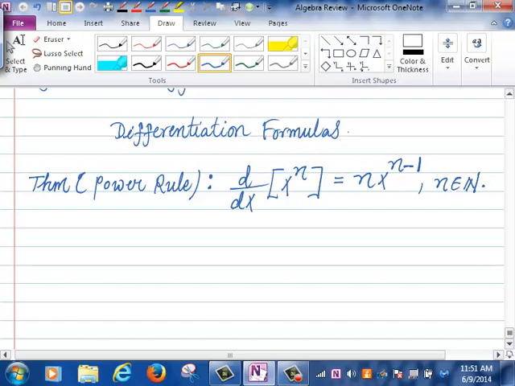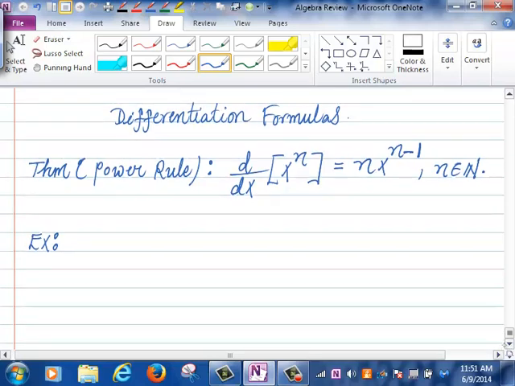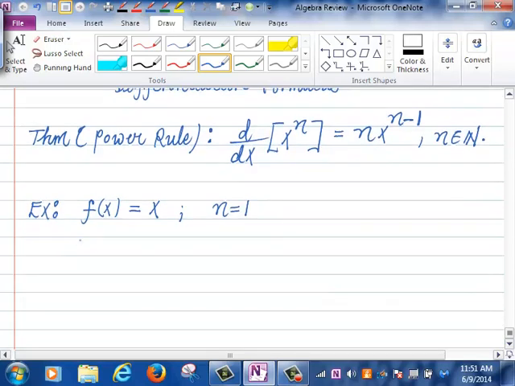Now I'm not going to give you a general proof of this, but I am going to show you some examples to see why this is true. Let's think about the function f of x equals x. In this case, n is 1. And so then what's the derivative of f at x?